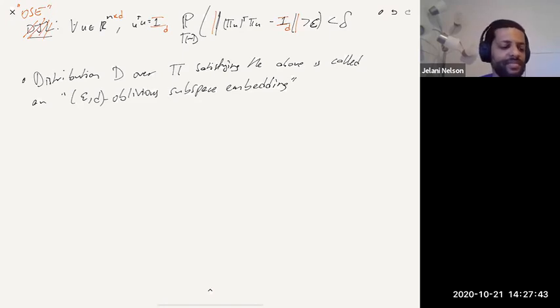We'll see different ways of constructing subspace embeddings now, some oblivious, some not even random. So before I talk about how to get subspace embeddings and what they're good for, are there any questions about the definition of a subspace embedding or an oblivious subspace embedding? Or is that all clear?